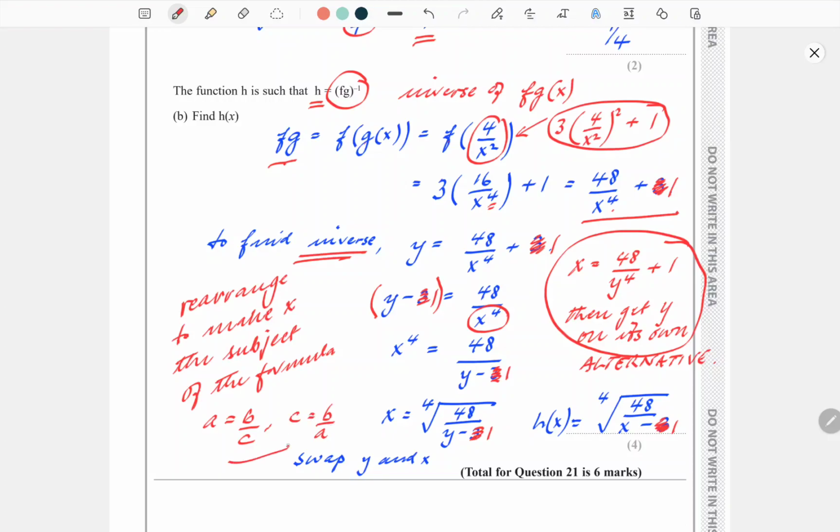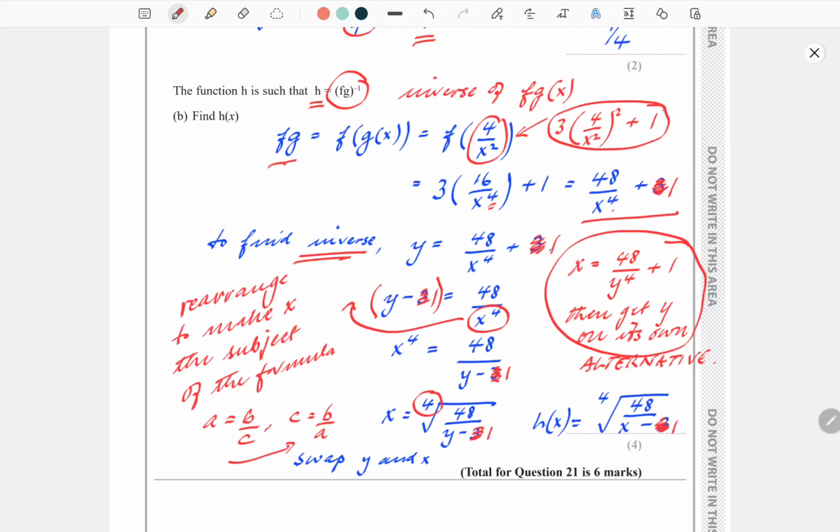All right? So that transition, that's exactly what I've done. Put x to the power 4, multiplied it across there, and moved the whole of the brackets underneath the 48. So x to the power 4 is 48 over y minus 1. And because it's x to the power 4, you want the 4th root. All right? This thing here. Okay?